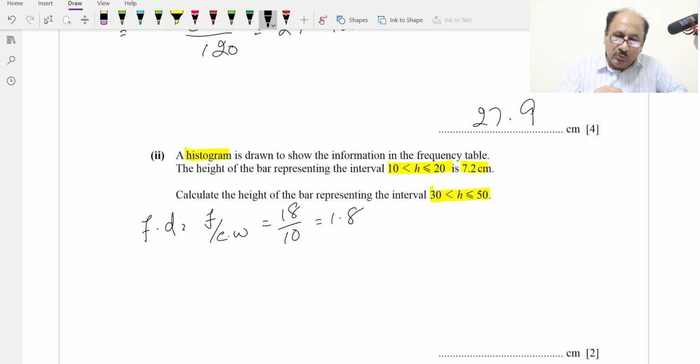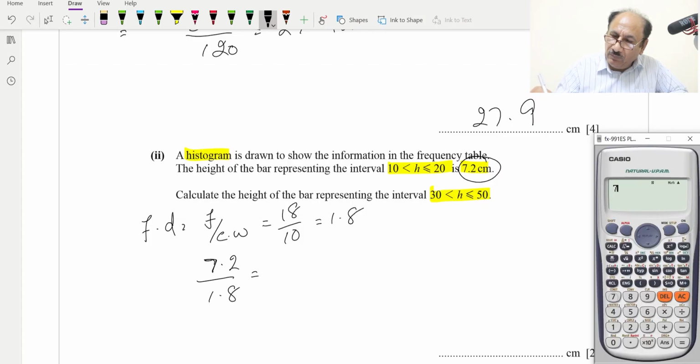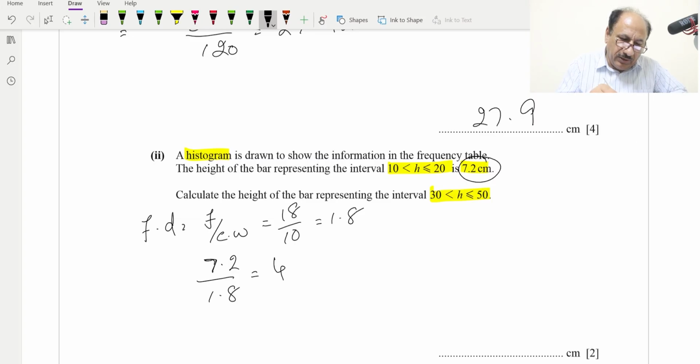We can calculate the multiplying factor by dividing 7.2 by 1.8, which is equal to 4. So the multiplying factor is 4, which we can use for this case also.